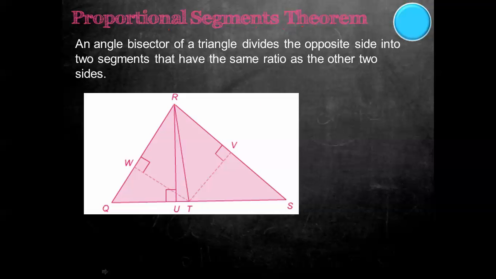What it's saying is that if you have an angle bisector, then RQ over RS can equal QT over TS. So this side over this side is going to be proportional to this side over that side.